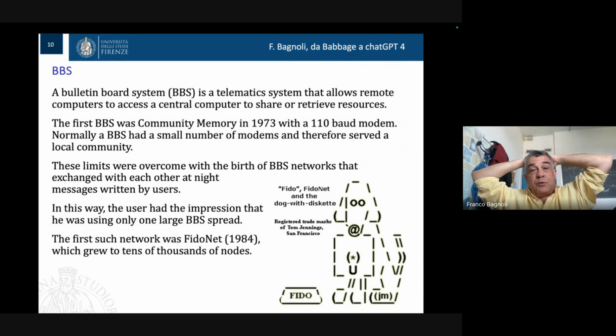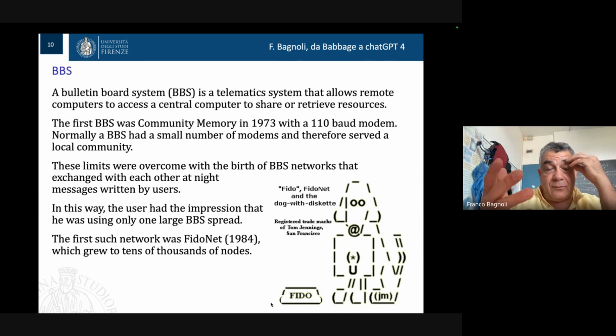Let us now pass to the field of communication. How to use communication beyond, for instance, email. One of the first systems to be used from home, where clearly the network was not like today. You didn't have the connection to the internet directly through TCP/IP.